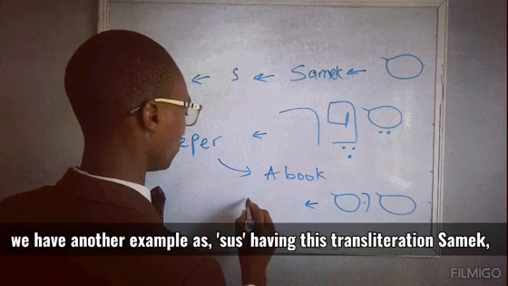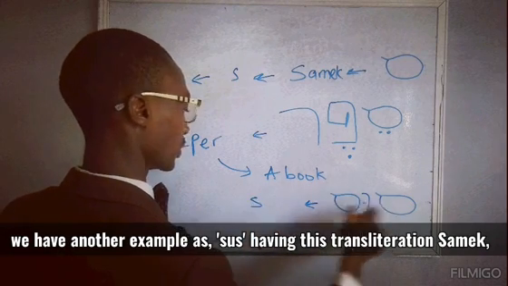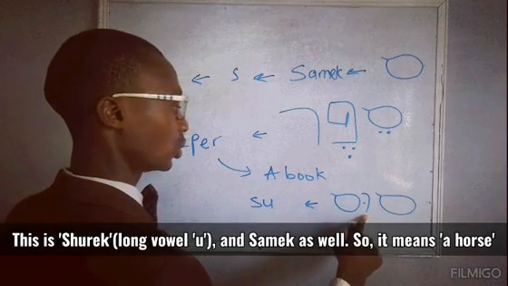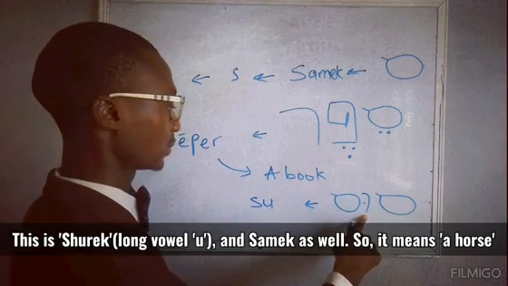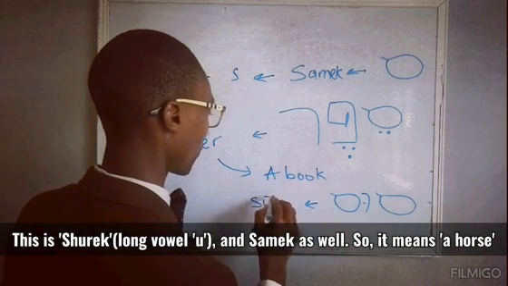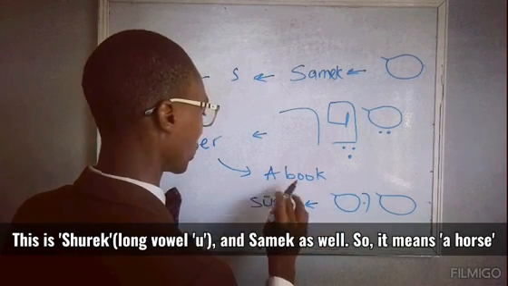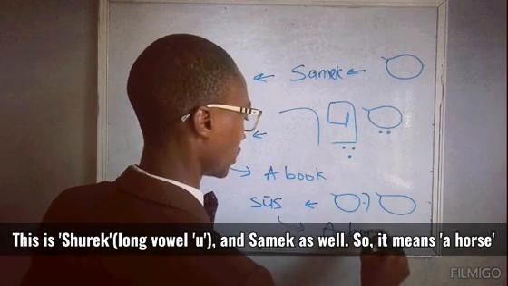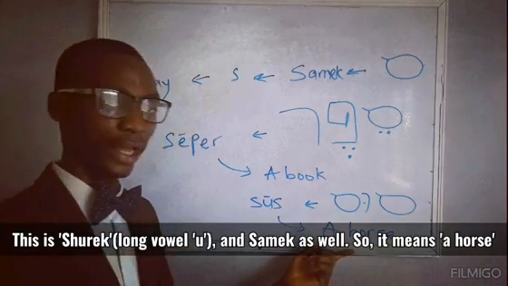The translation: Samek, Shureq, that's the long vowel U, and we have Samek as well. So it means a horse.